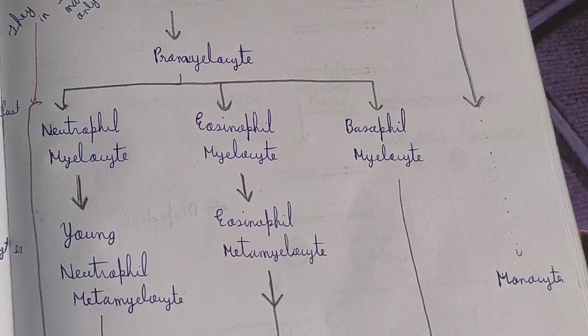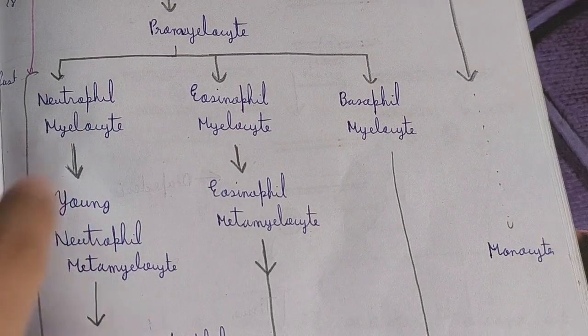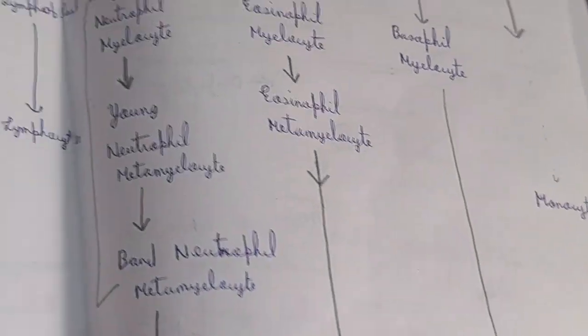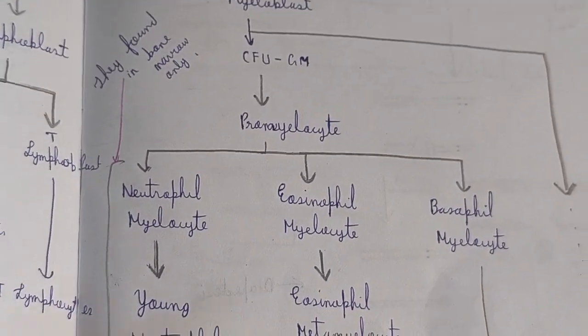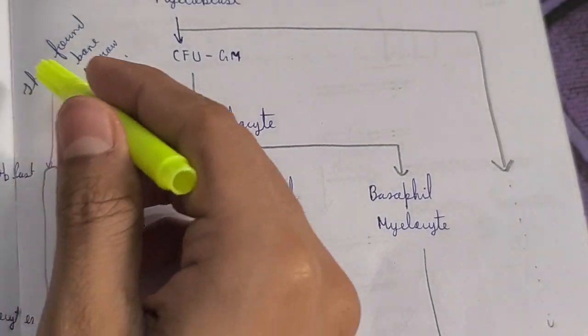It differentiates into promyelocyte, then immature myelocytes: neutrophil myelocyte, eosinophil and basophil myelocytes. As I mentioned, all these immature myelocytes are found in bone marrow only.